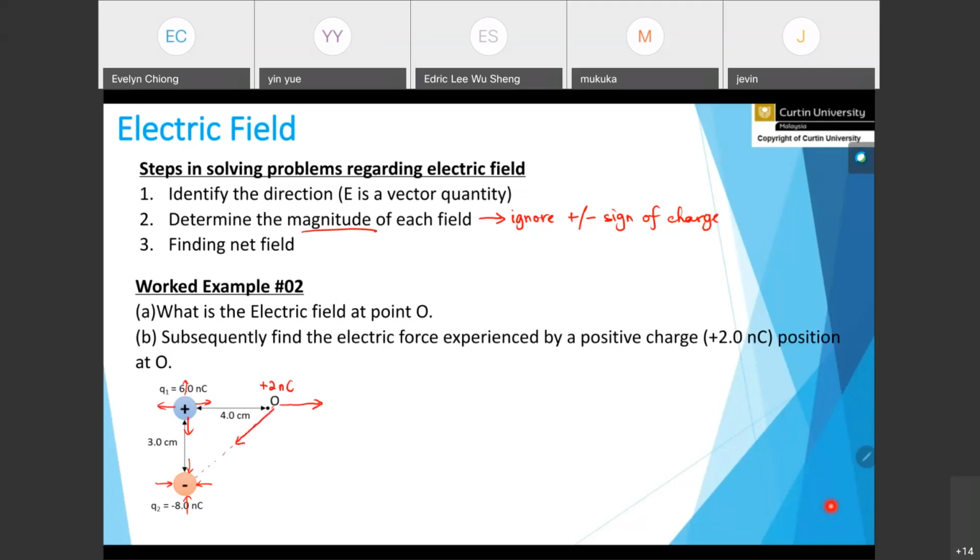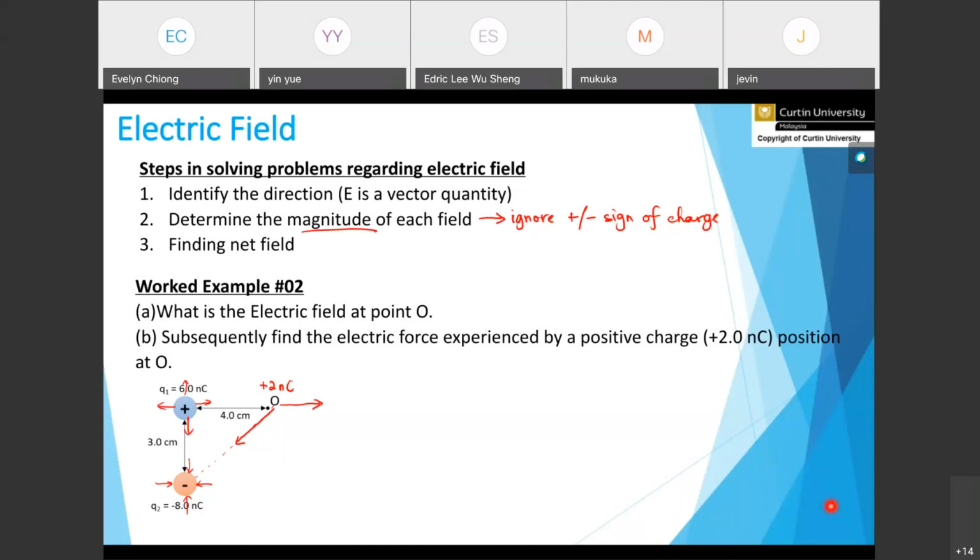You notice that the direction for the positive charge, 2 nanocoulomb, due to Q1 is on the same x-axis, along the same horizontal line. But due to Q2, it is not along the x-axis or the y-axis. It is at an angle.